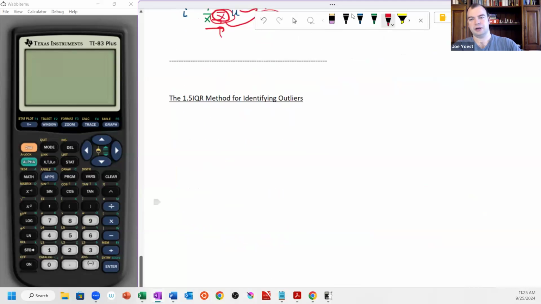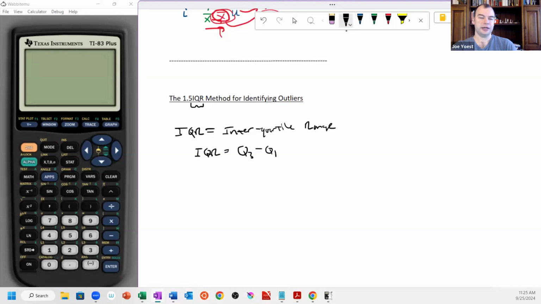Okay, so the IQR method, what's the idea here? So we start by computing the IQR, the interquartile range. So the IQR is Q3 minus Q1.